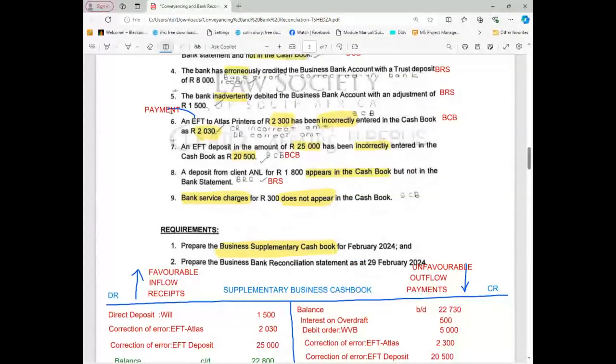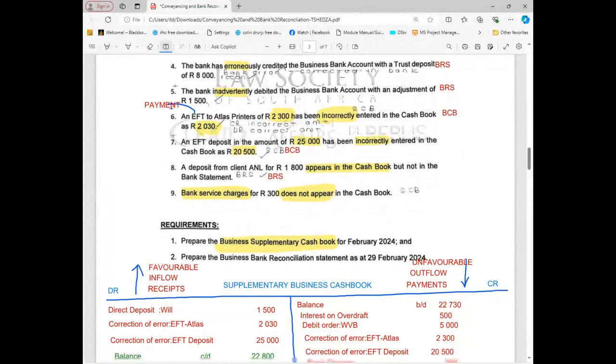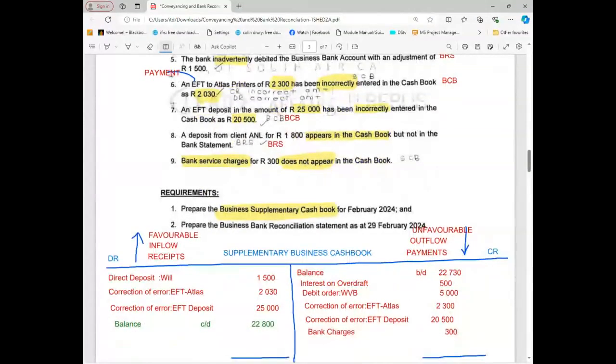Now, after that, I want you to understand the meaning of the word outstanding. Outstanding means, according to our books as a business, we received cash, we deposited cash at the bank, but it's not yet reflected. We call them outstanding.